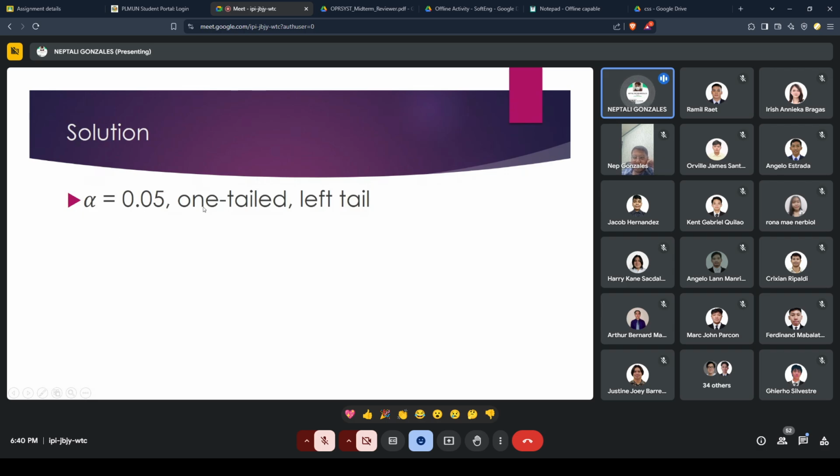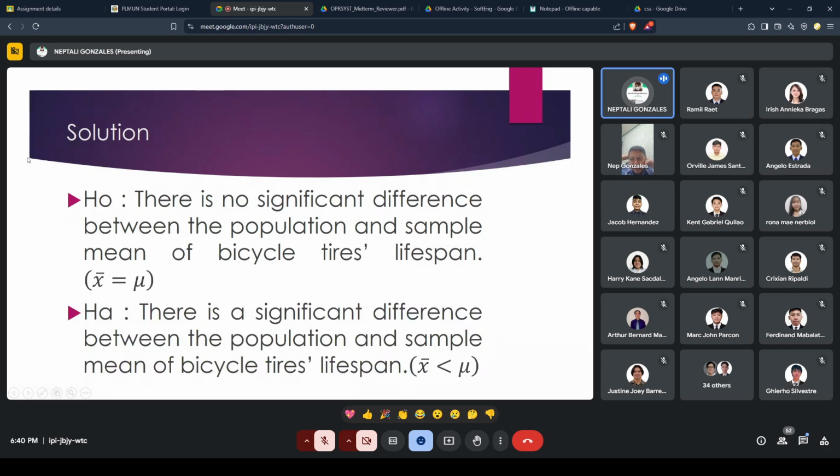So we will use the one-tailed or the left tail 0.05 because we will only compare the two means. Two means lang. Unlike the first one, kinumpare natin siya sa total population, the mu is equal to 5 years. The other one, the mu is not equal to 5 years. It is two-tailed because we do not know if it is greater than 5 years or less than 5 years.